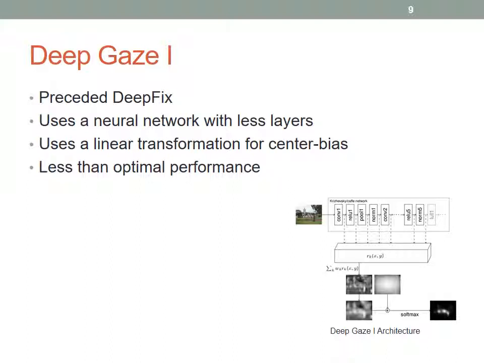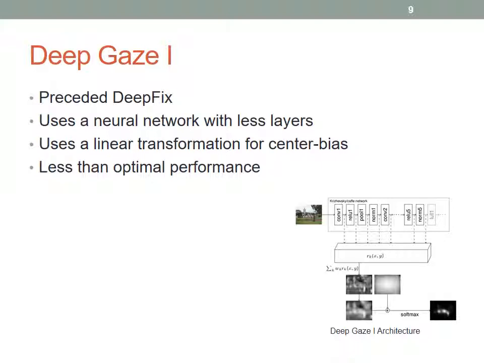That is the way they're doing center bias. They put a Gaussian blob near the center, and then they add that to the predicted saliency map and do a softmax layer for the neural network to be able to provide the more fine-tuned area.